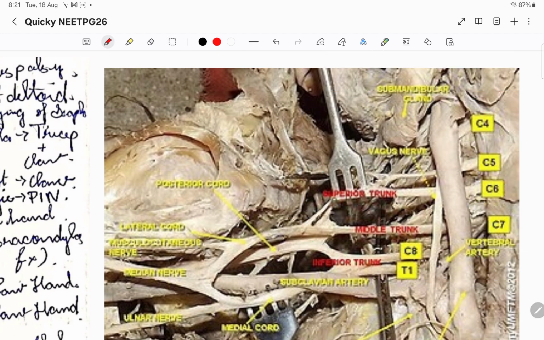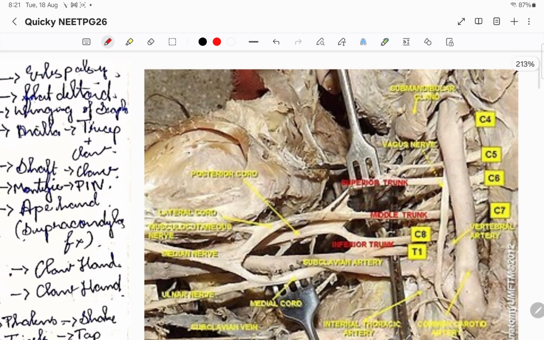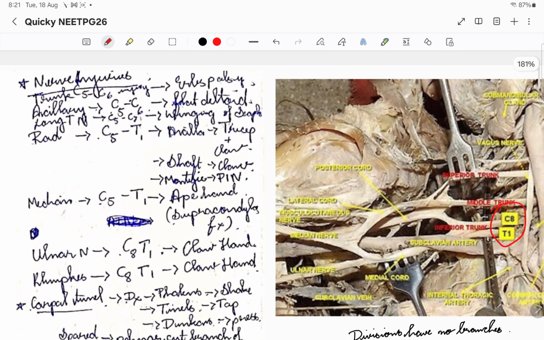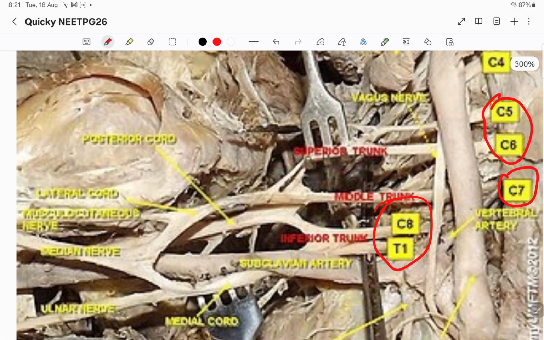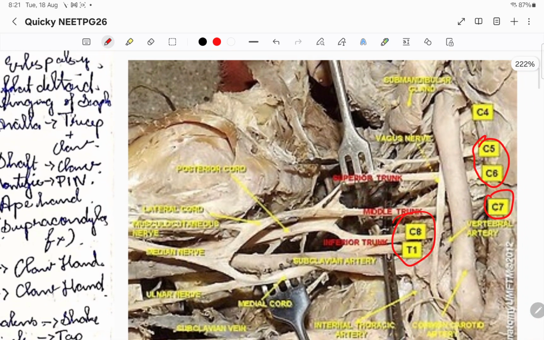So coming down, the brachial plexus is having roots C5, C6, C7, C8, T1. Remember in that way, and it will make your exams very easy. C5, C6, if it is affected, we will be having two types of disease. One more thing I forgot to tell is we will be having trunks, cords and divisions.